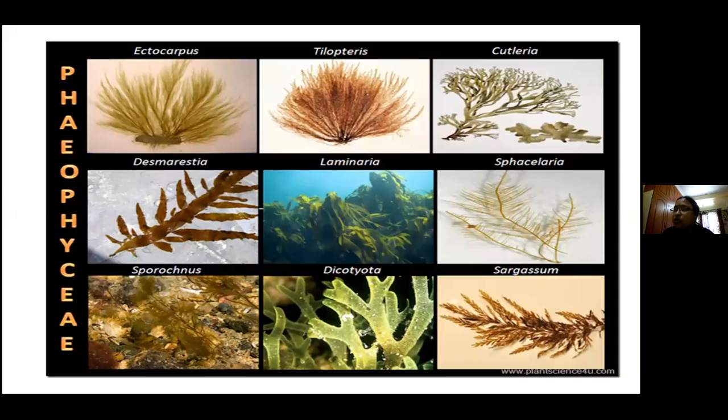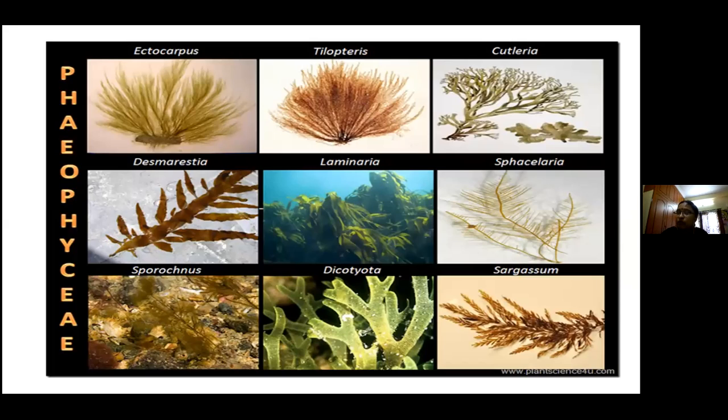These are 30 to 60 meters in length. These two algae, and such species with great length, are commonly called kelps. As I said earlier, because their height and length is very large, they are called kelps. Next one, another important one is Sargassum.